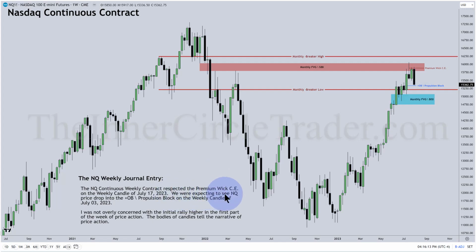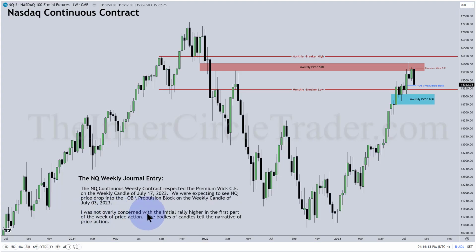We were expecting to see NQ price drop into the bullish order block, propulsion block, on the weekly candle of July 3rd, 2023. Right here. That's the propulsion block, and we are expecting this very thing to happen. So what am I doing here? I'm teaching you how to record it as you saw it coming. And then you record it here.